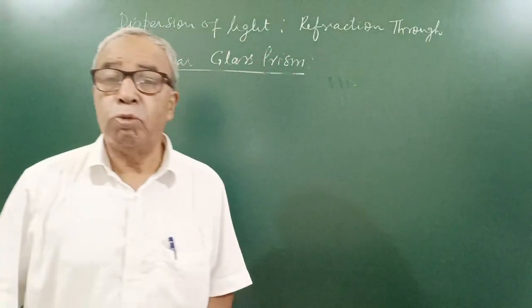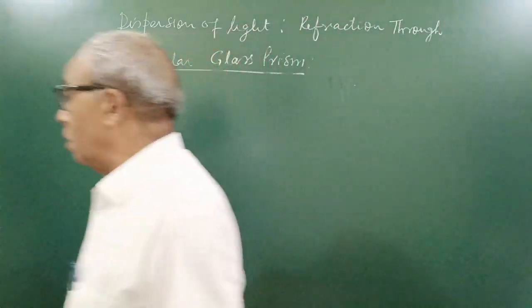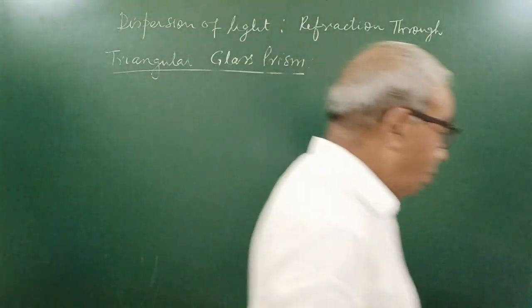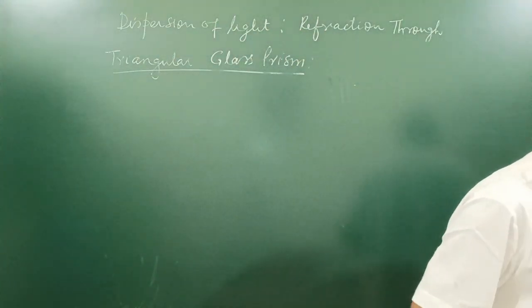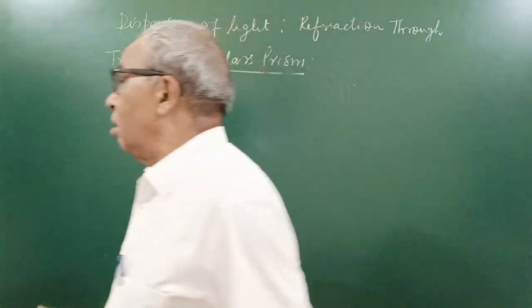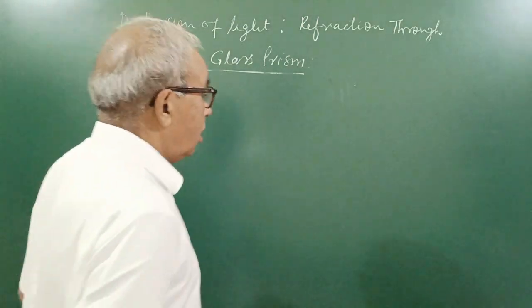So Newton proved that sunlight has 7 colors on average. Actually, there are many colors, infinite colors in the light. But on average, Newton proved that there are 7 colors.